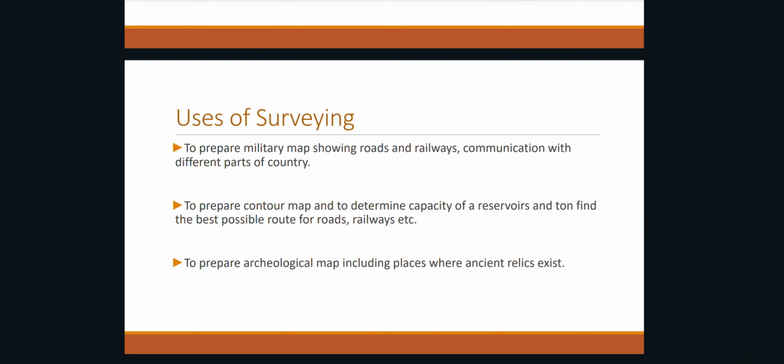Other than that, we can use surveying to prepare military maps showing roads, railway lines, and communication with the different parts of the country.